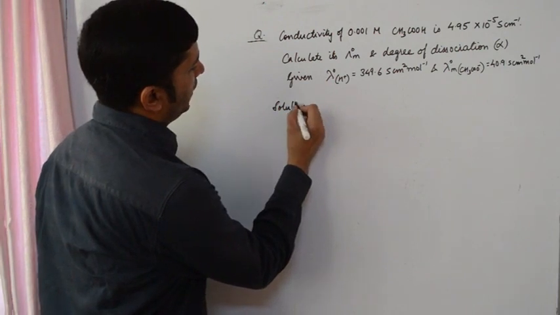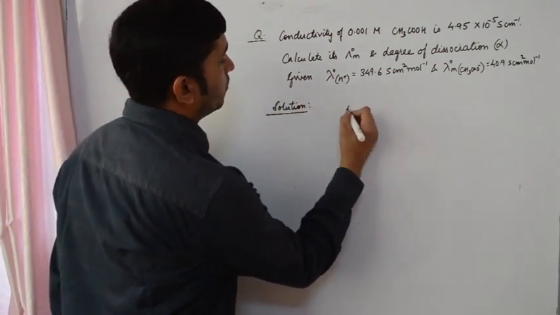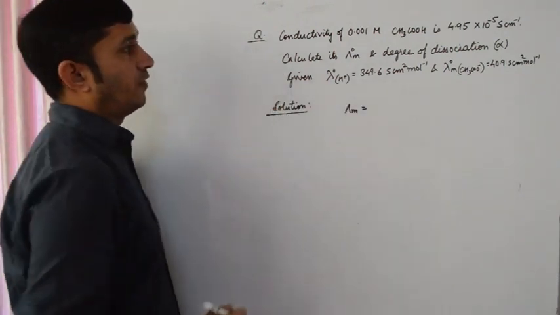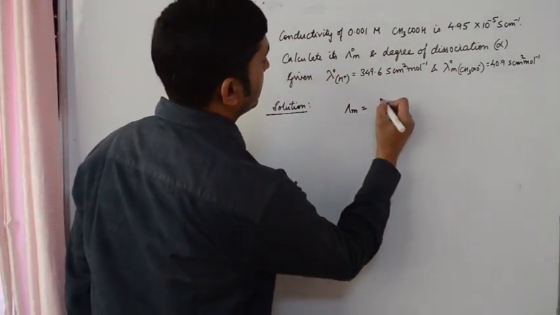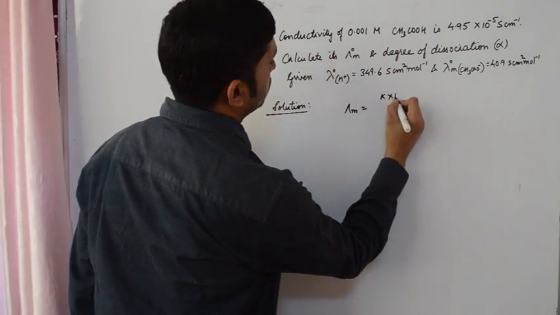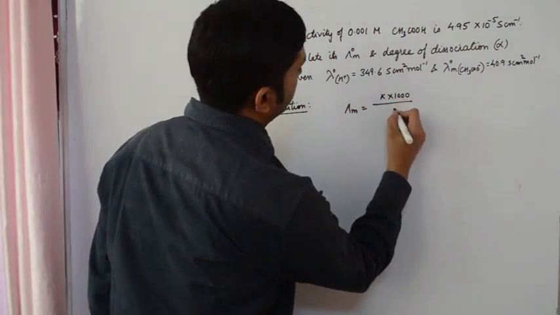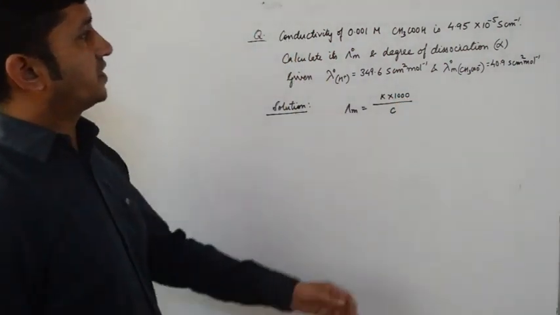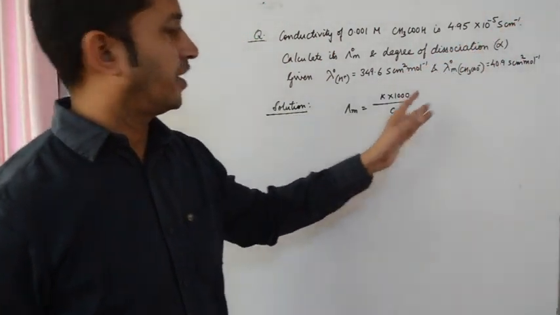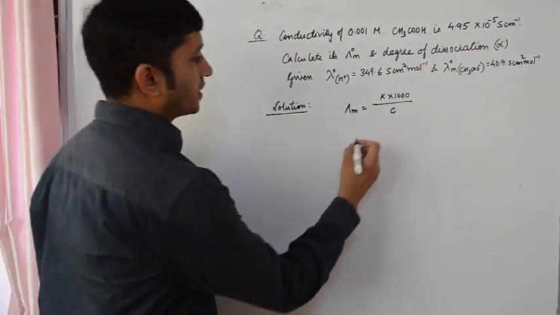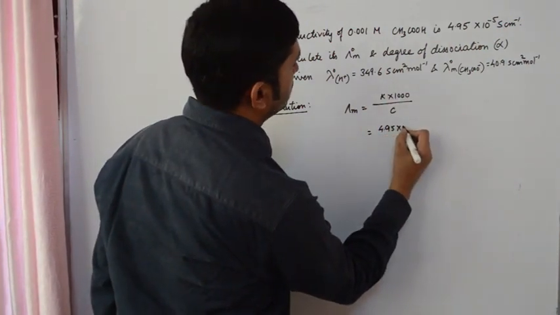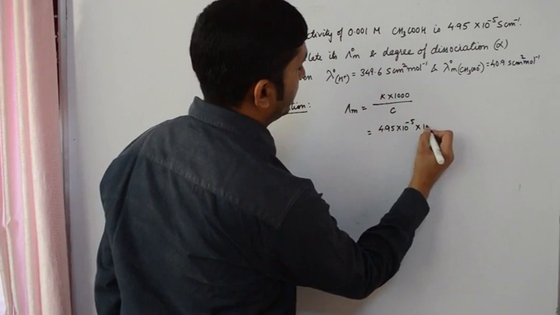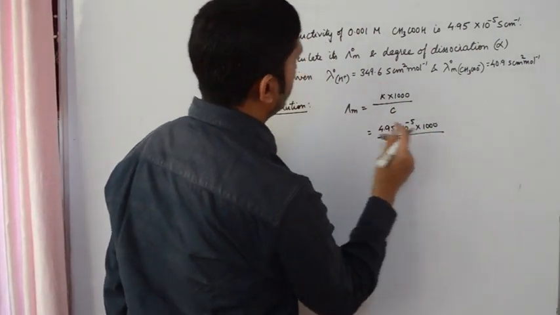First we can calculate molar conductivity of acetic acid. Molar conductivity of acetic acid can be written as conductivity into 1000 divided by C. Since conductivity is given in Siemens per centimeter, we are using this formula. Here conductivity is given 4.95 into 10 to the power minus 5 into 1000 divided by molarity.